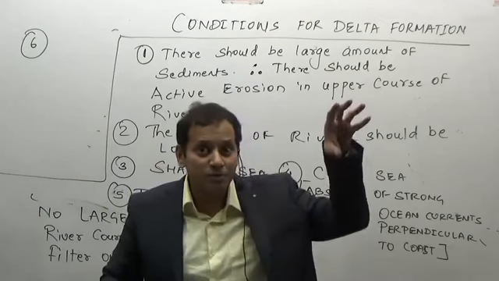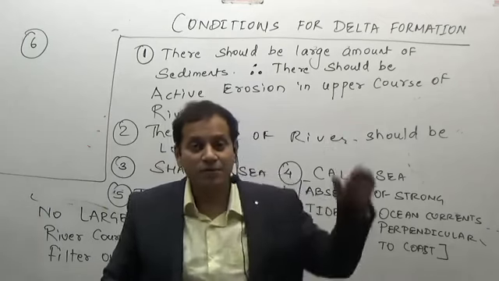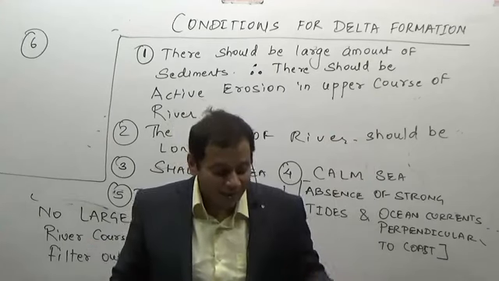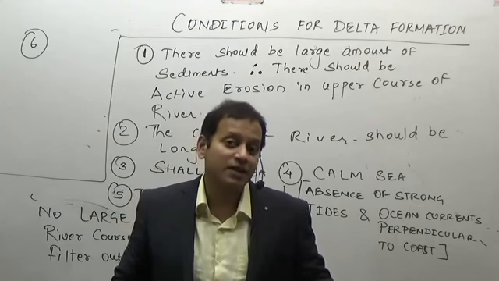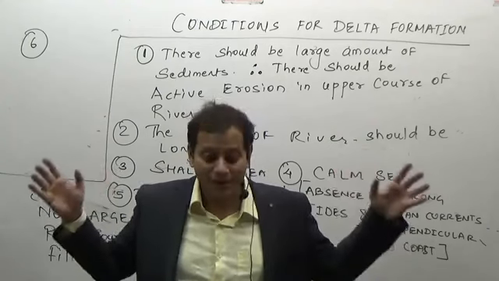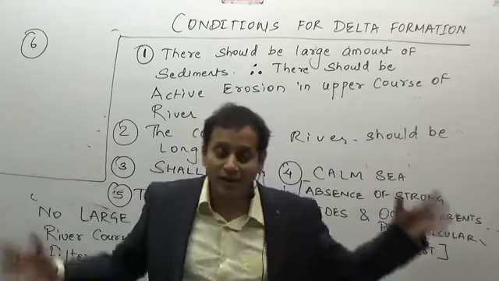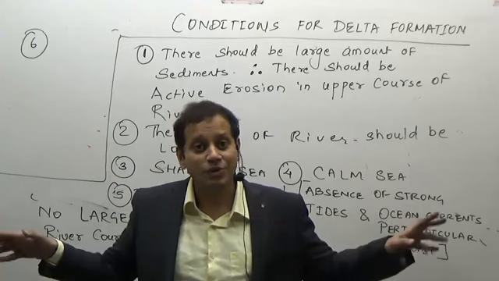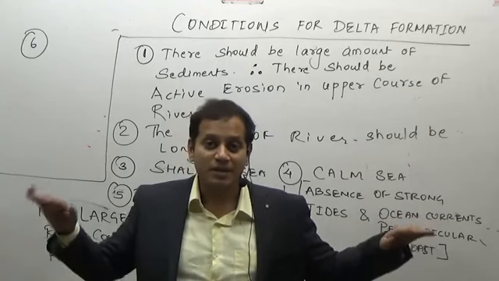There should not be submergence or uplifting or emergence of a coastline. On the other hand, if unstable conditions are there, for example, it took maybe 300 years for the Ganga to make its delta, and tomorrow if the land is submerged, then the work is finished. Then there will be no large delta. So there should be stable conditions.